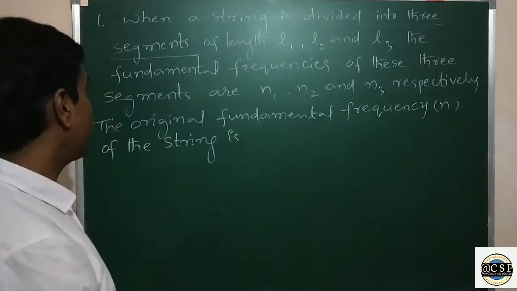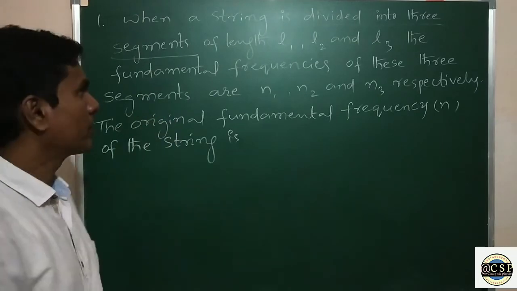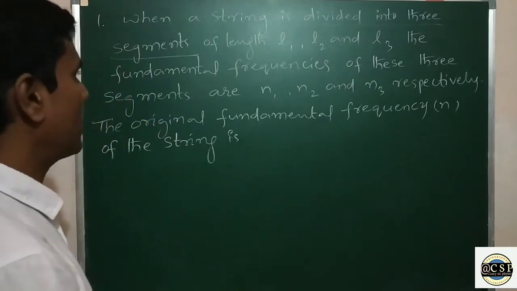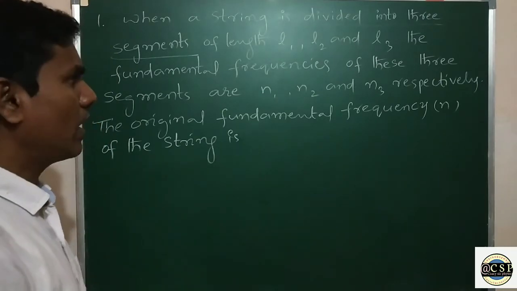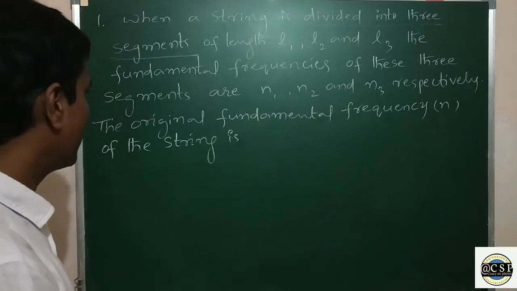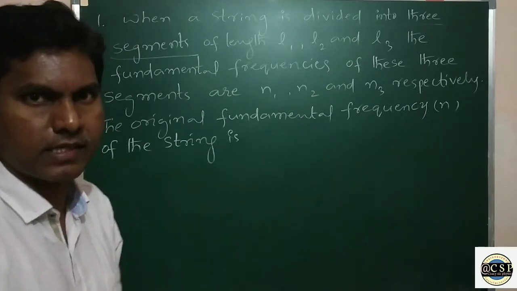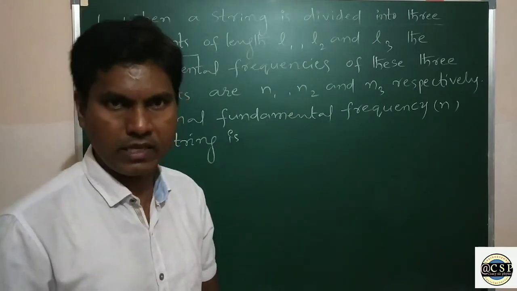First problem is here, when a string is divided into three segments of length L1, L2 and L3, the fundamental frequencies of these three segments are n1, n2 and n3 respectively. We have to calculate the original fundamental frequency of the string.